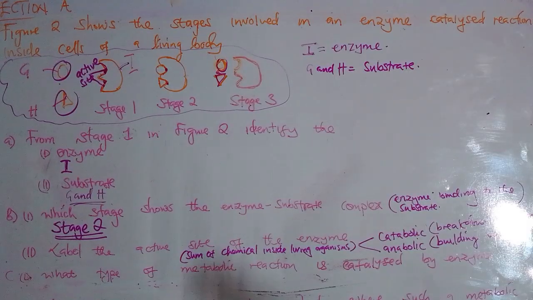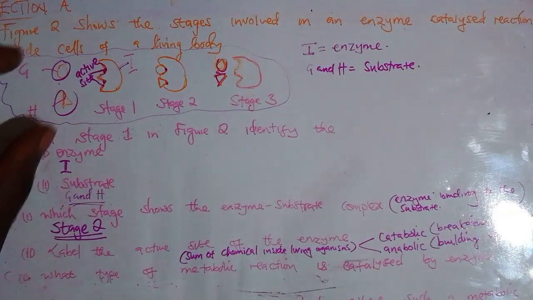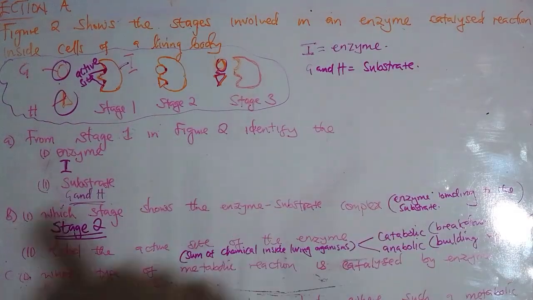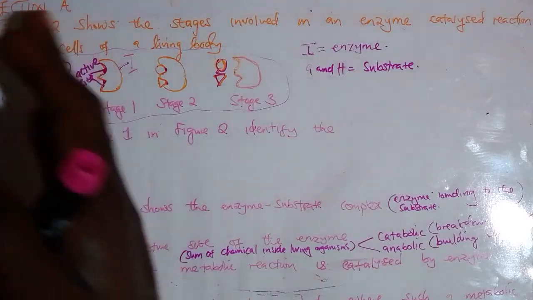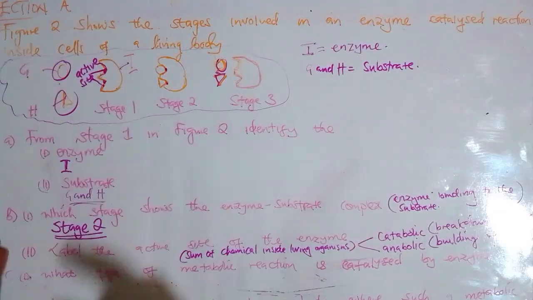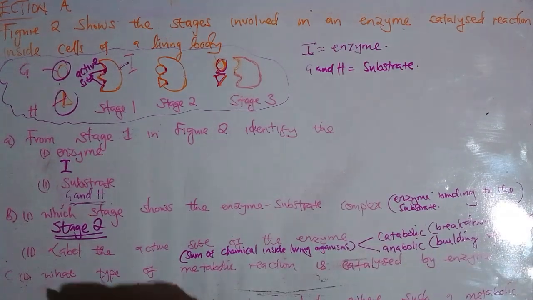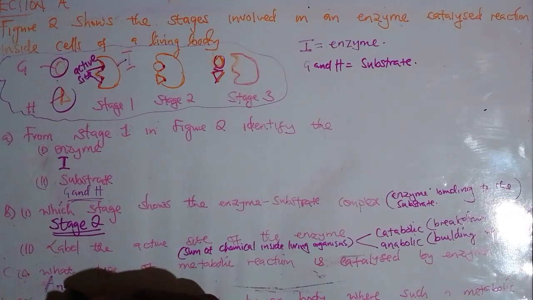So using your common sense, you can say this is the building up because we had 2 molecules at the beginning and at the end we only had 1 molecule. So from these 2 molecules, they built one bigger molecule. So our metabolic reaction is what? Anabolic reaction.